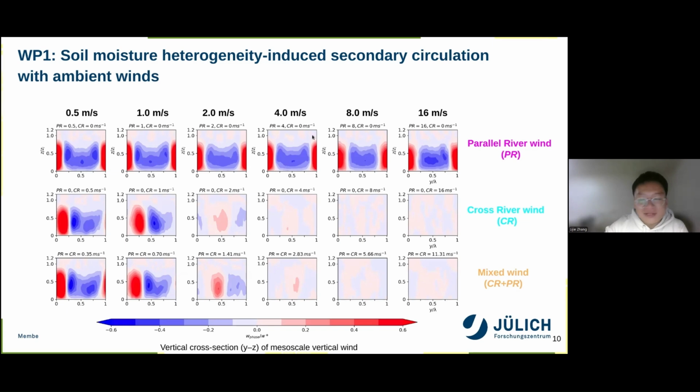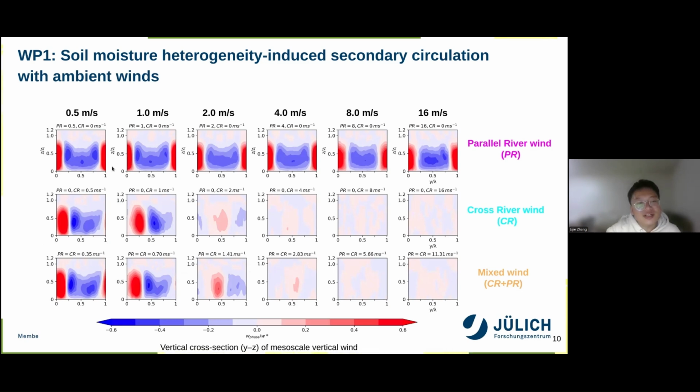So let me first introduce it. Because we have the flat river corridor, you have saturated soil moisture in the middle, and because it is much wetter, it is actually cooler, since you have higher latent heat fluxes: you use more energy to change the water phase from liquid to vapor.